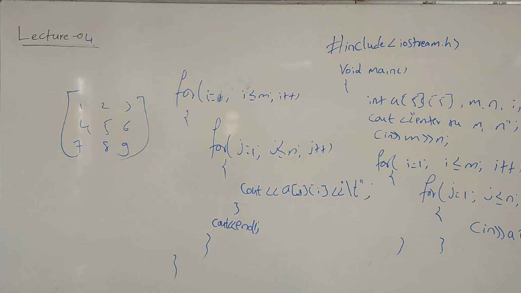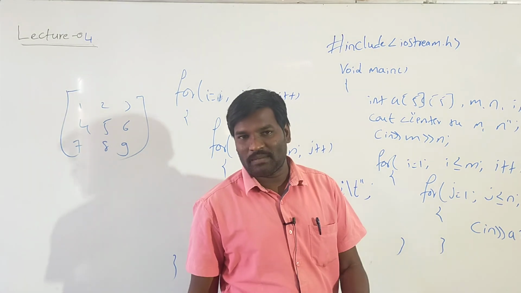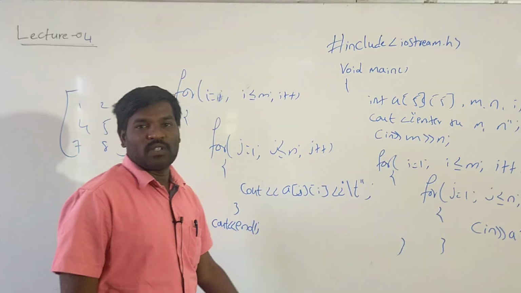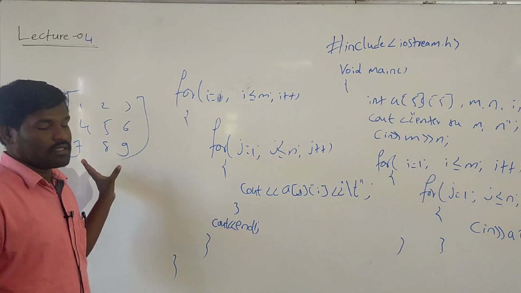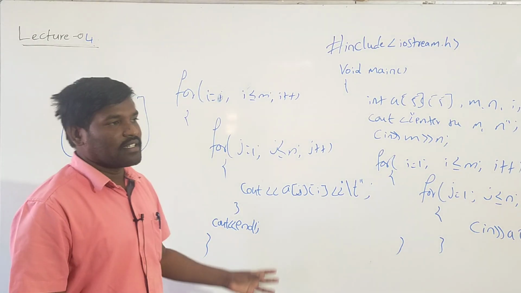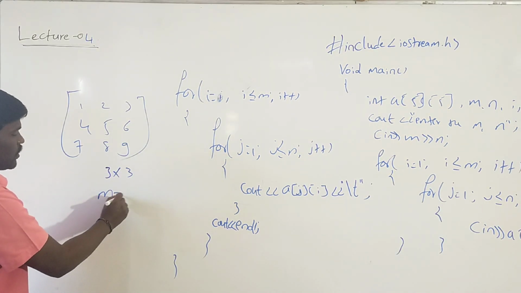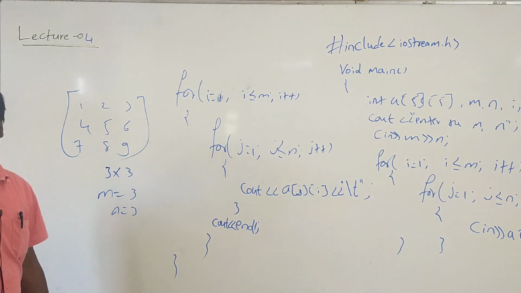See here. Up to this much I already said, to read the two-dimensional array means you have to enter the two-dimensional array, that is the matrix. Here this is a 3 cross 3 matrix, which means m is equal to 3 and n is equal to 3.